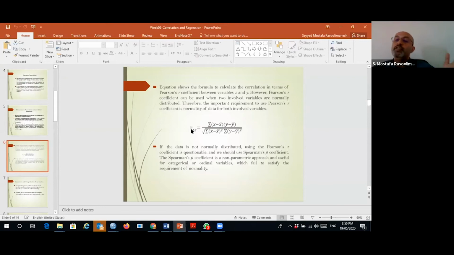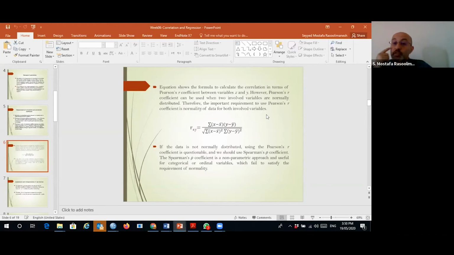If correlation is very close to -1, correlation is high but negative. But if correlation is very close to 0, the correlation is very low. So correlation can be any value between -1 and 1.